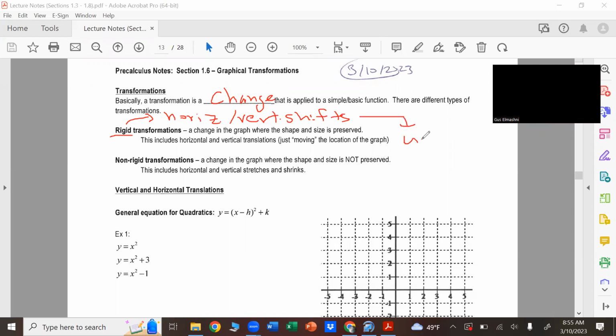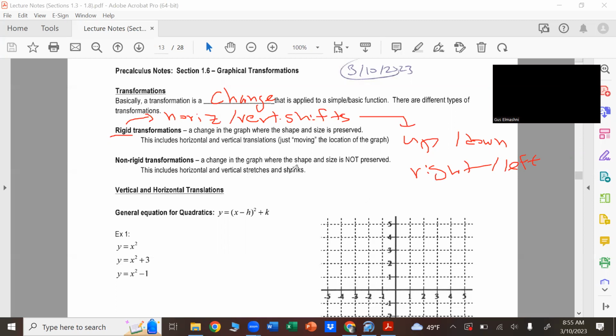And that'd be like up, down, right, left. Those are called rigid transformations because you're not changing the shape of the graph. You're just moving it left, right, or up, down. That's all that's happening for rigid transformations.